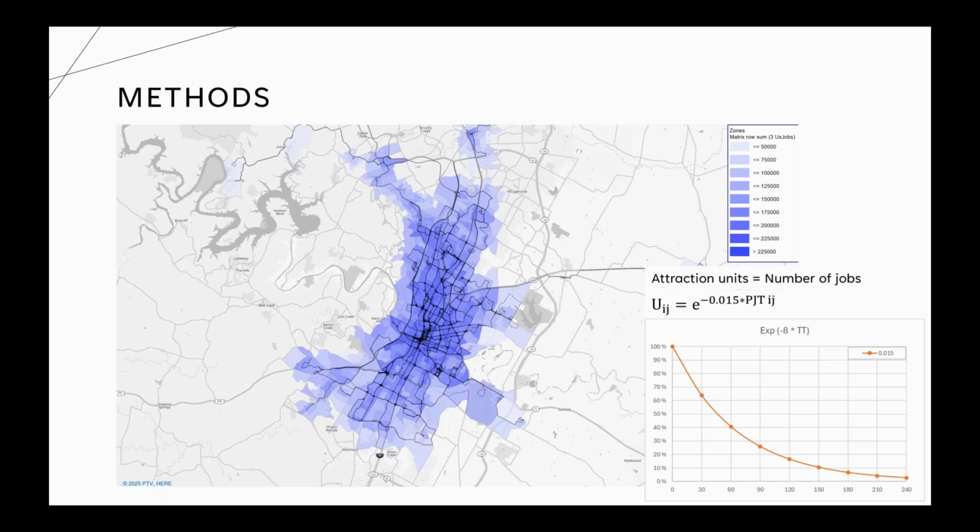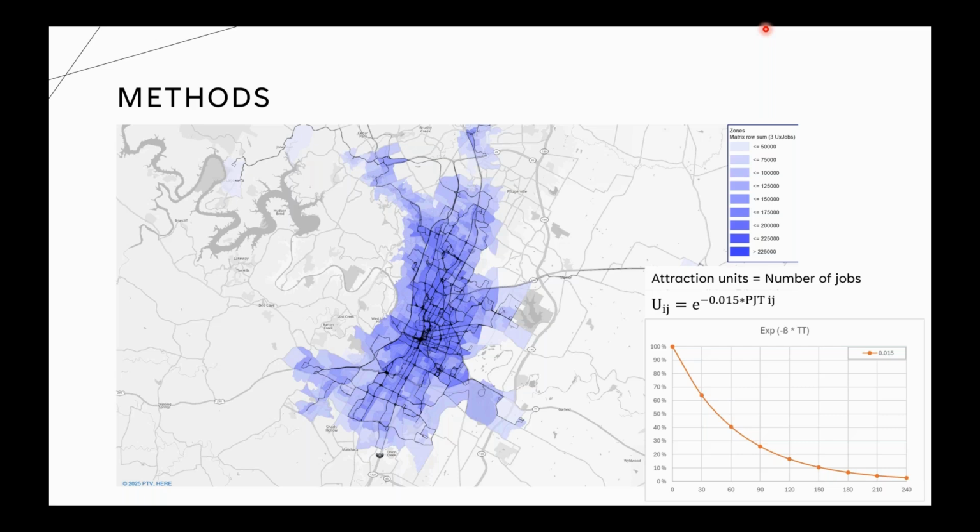So in this image, which is the first method of presenting the accessibility, which is what we already discussed, each zone is colored based on its accessibility value, which is basically the number of jobs available, reachable from that zone within a reasonable amount of time.